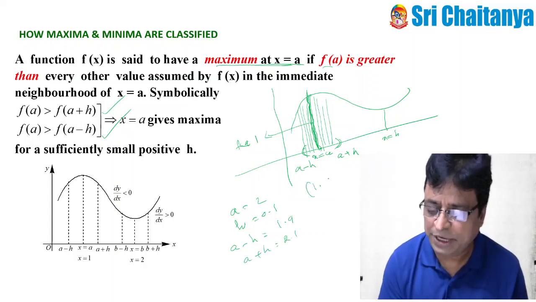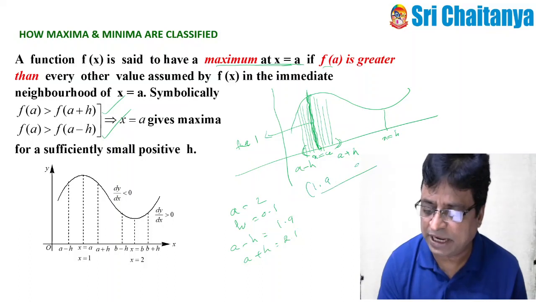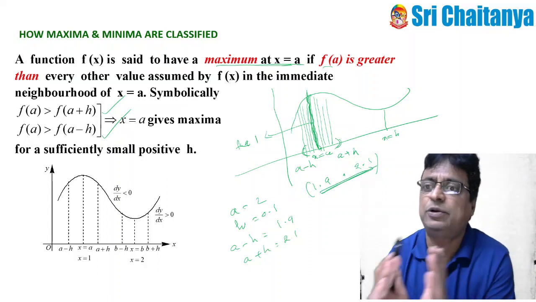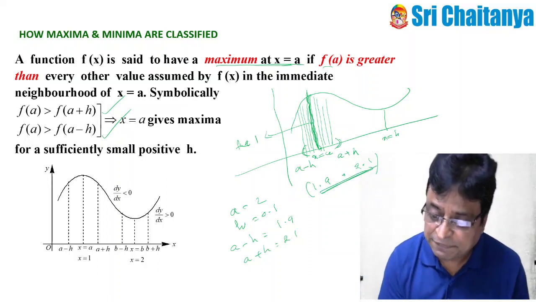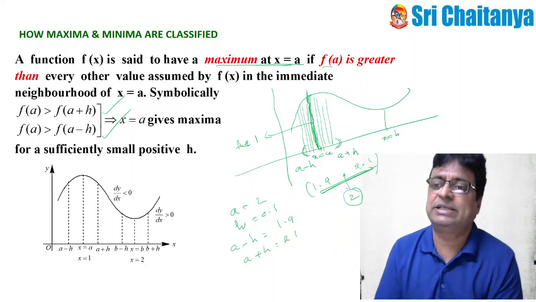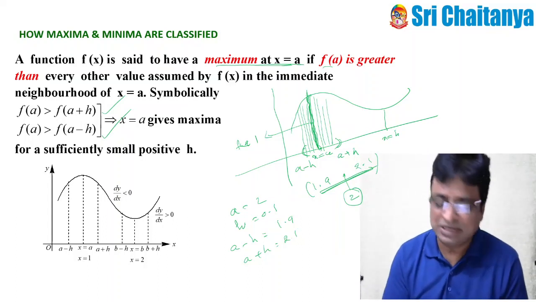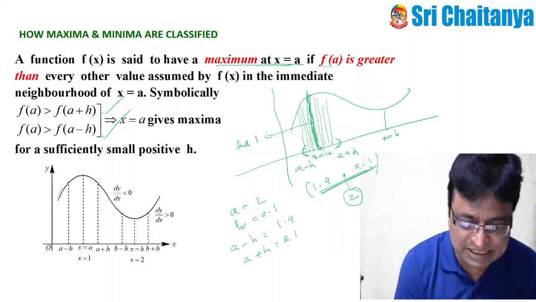So from 1.9 to 2.1 you take any interval, then among all functional values from f of 1.9 to 2.1, if f of 2 is the greatest, then I can say that the function has a maximum at x is equal to 2. Clear? So the graph here indicates like this.